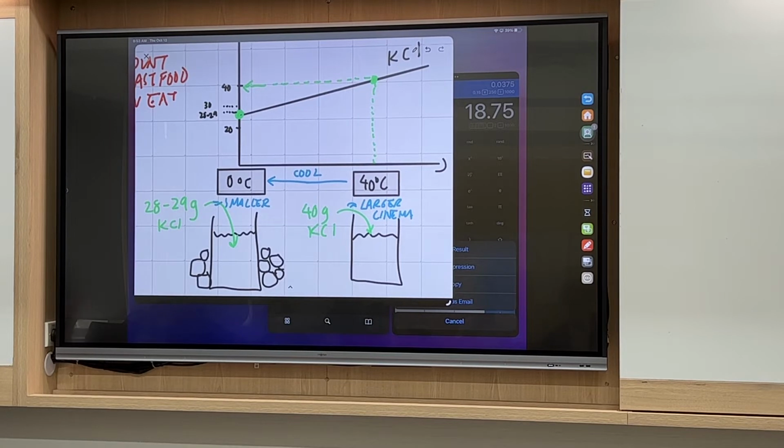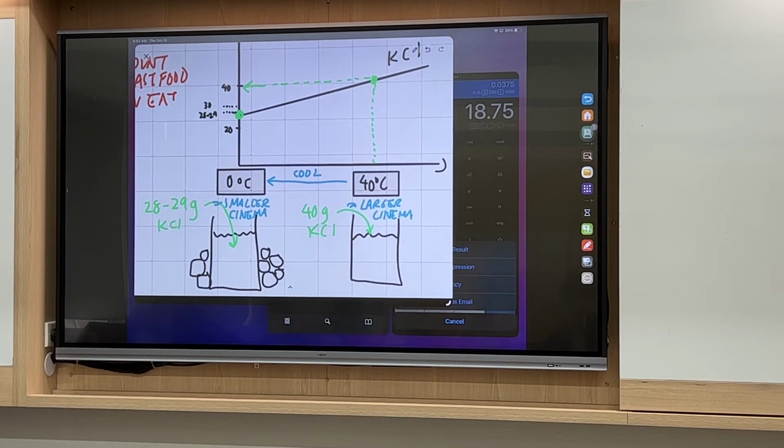When you move people from a larger to a smaller cinema, some people will not have a seat anymore, right? Because this has only 29 or 28 seats available, when this has 40. So how many grams of KCl will have to come out of the solution? It will be the difference between these two numbers, which is 11 or 12.